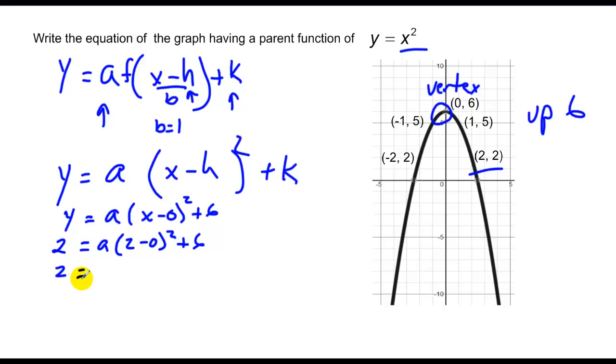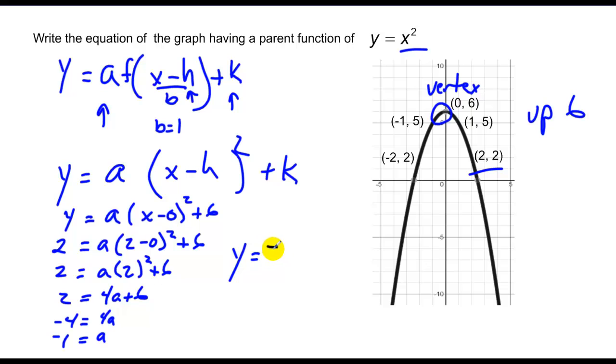So I have 2 equals a times 2 squared plus 6. So this is 4a plus 6 equals 2. -4 equals 4a, and a equals -1. If a is equal to -1, my equation should be y equals negative x minus 0, so I'm just going to say x squared, plus 6.